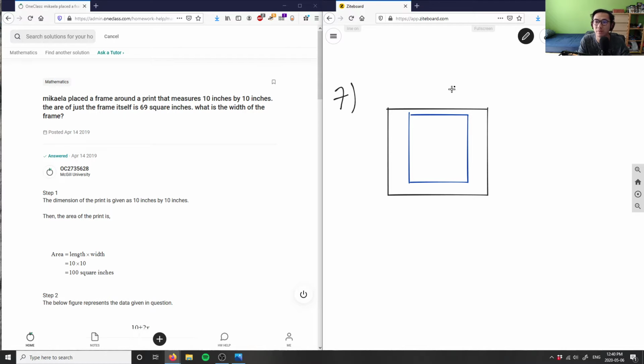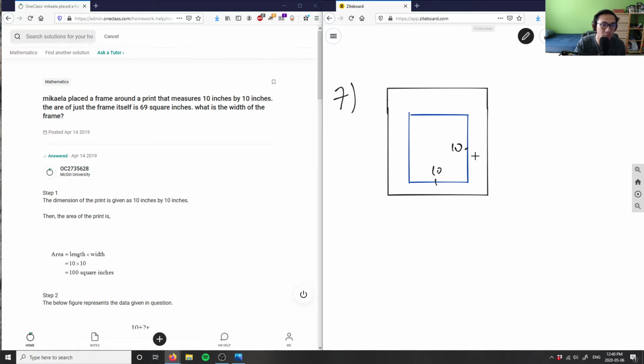This here is definitely not perfect. Okay, so it looks a little bit nicer. Again, it's not even, but it's fine for the purposes of this exercise. So again, this is a 10 by 10, and the area of just the frame itself is 69 square inches. So what is the width of the frame?